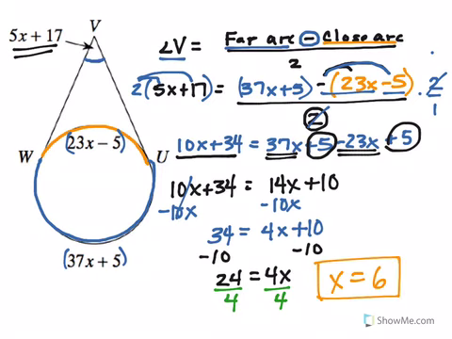So if I'm solving for x, then I have my variable x is equal to 6, and if I wanted to solve for a specific, for example, if I wanted to solve for V, well then I would just plug x back into the expression and solve.